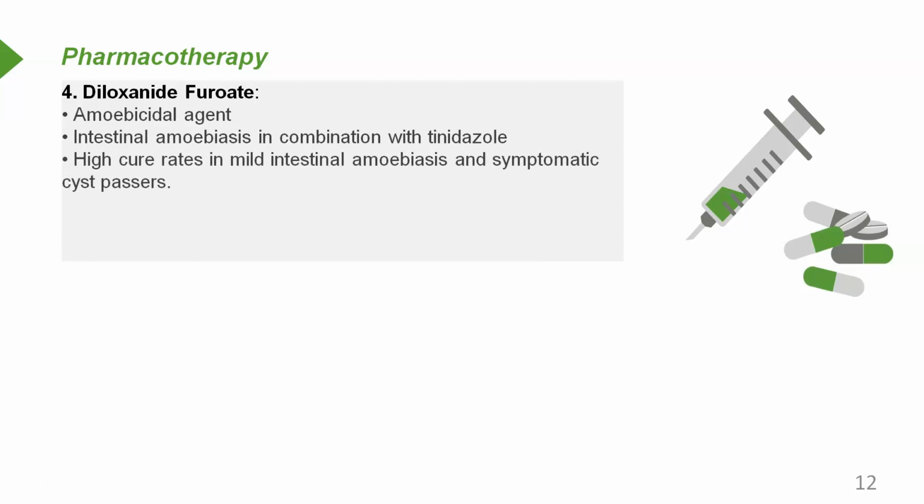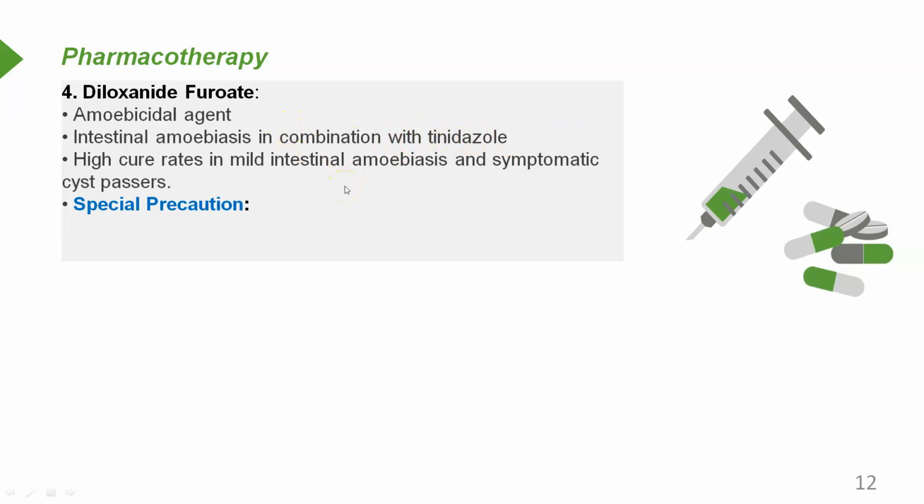It has produced high cure rates in mild intestinal amoebiasis and in symptomatic cyst passers. It exerts no antibacterial actions and is less effective in the invasive type of amoebiasis. We should remember that. In India, this drug is available in combination with tinidazole.